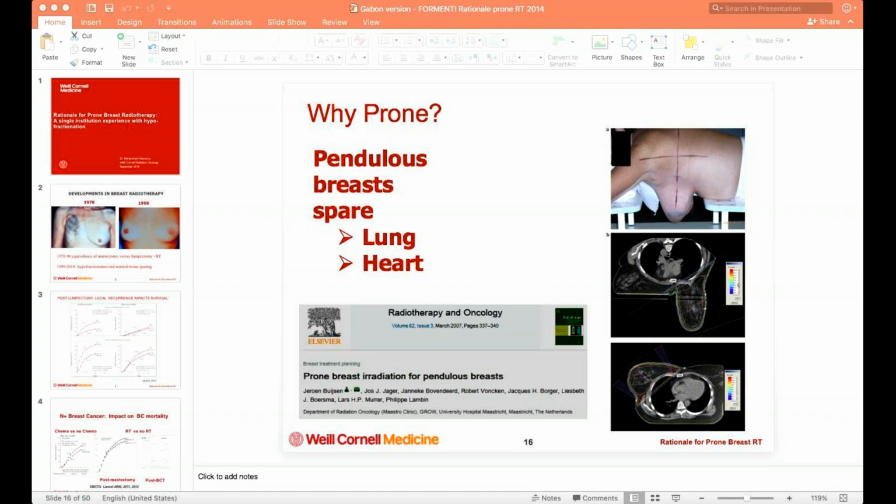When it comes to the scars that are extending posteriorly, if you wanted to use electrons, that would mean, in addition to the tangential fields, a match, and you could use that. That's one strategy you could use if you found your lung dose was too high.